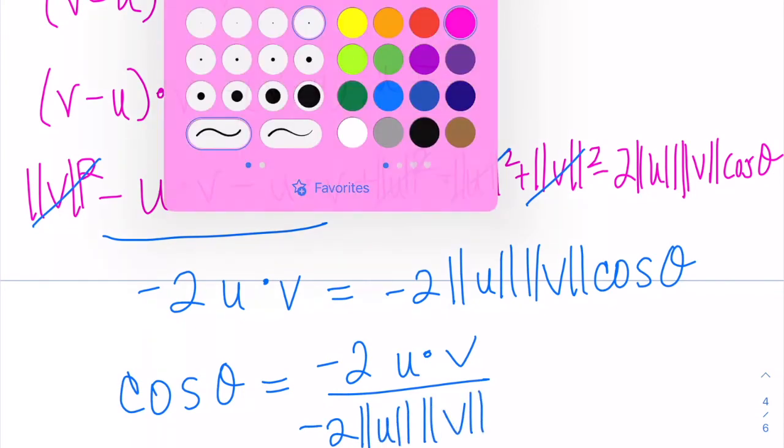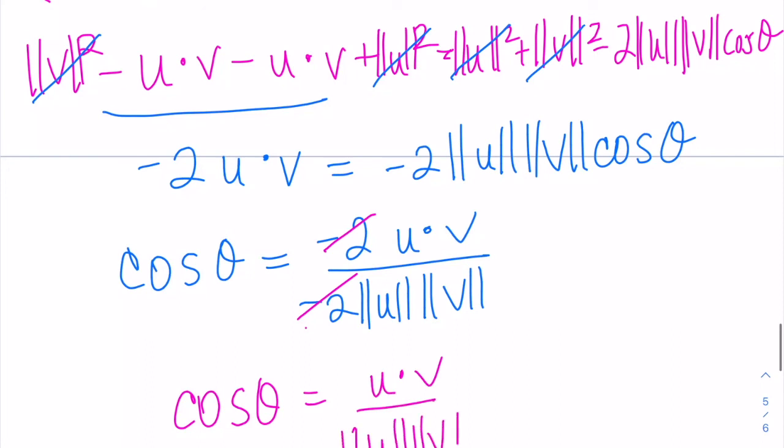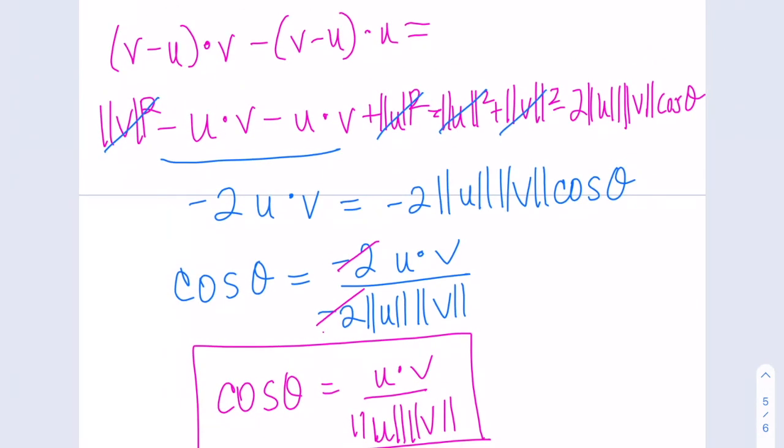So we have cosine of theta equals u dot v over the magnitude of u times the magnitude of v. So we're able to prove that with the law of cosines. Well, I hope this lesson was helpful, and I'll see you all in class.